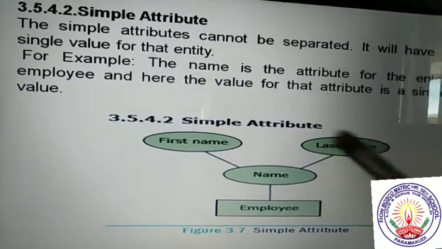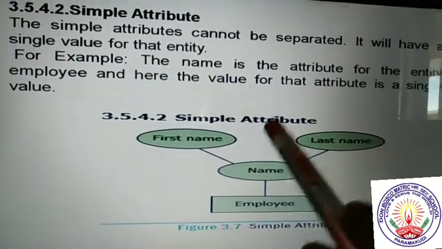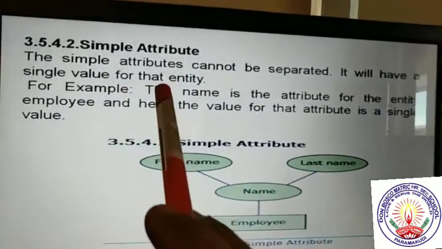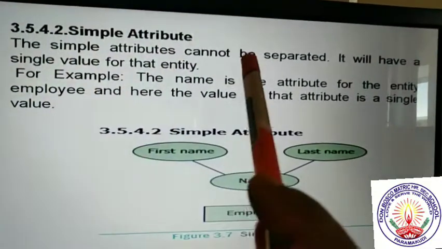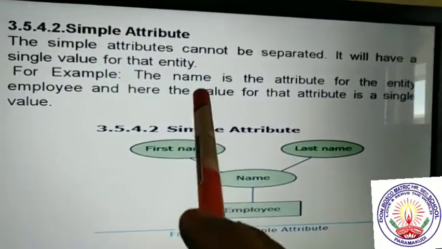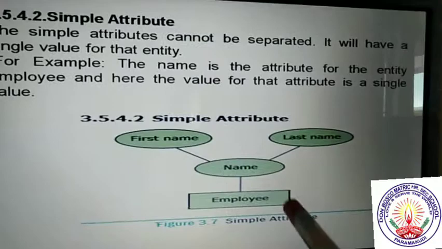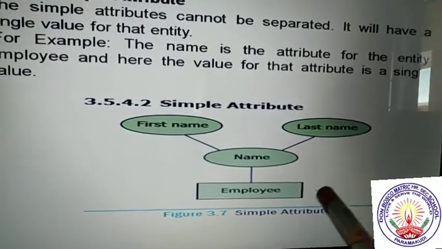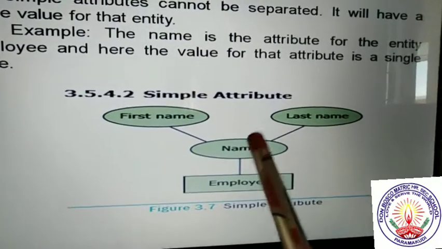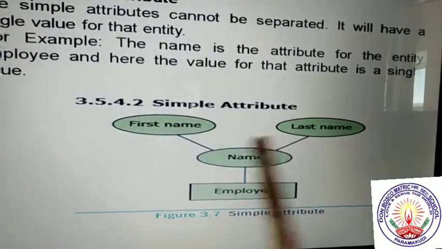So we separate two fields of the given name attribute. So here is one example for a simple attribute. Employee has the name, and the name is separated by two attributes.